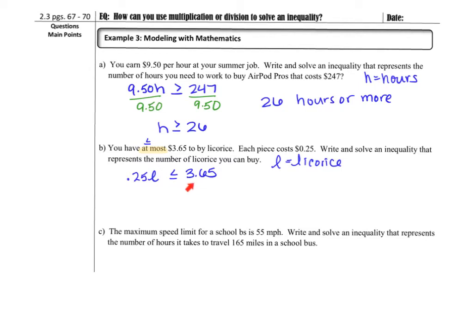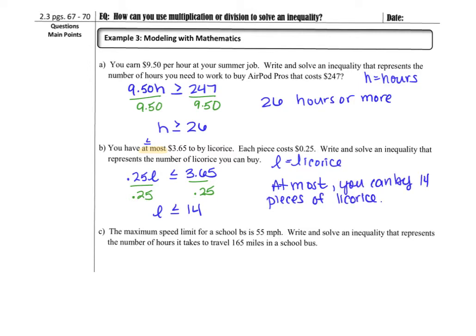So we have to make sure it's less than. So to solve this inequality, all you have to do is divide by the 0.25. And you get L is less than or equal to 14. So this means that at most, you can buy 14 pieces of licorice.